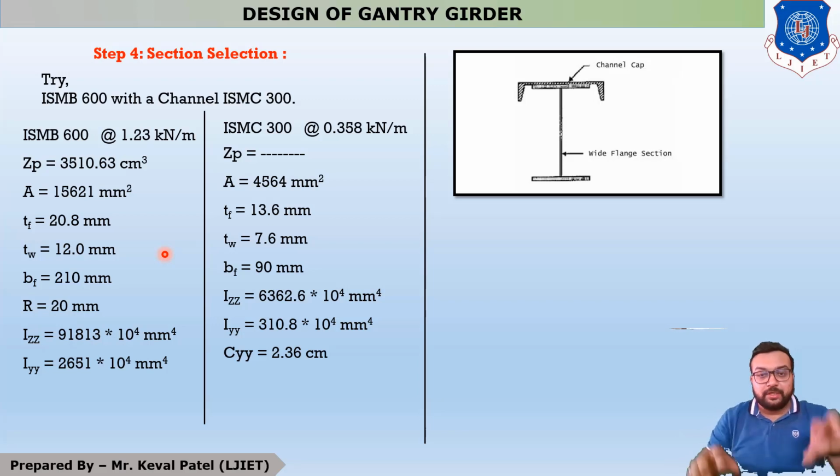Now you all know that your I section is a symmetrical section, and for a symmetrical section your CG is exactly at the center of the section. Now if you provide a channel section on the top of the flange, then obviously your CG moves in the upward direction.